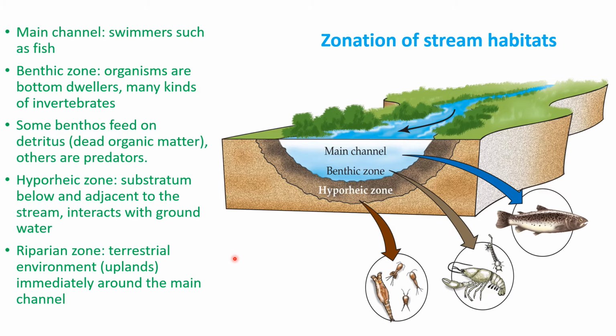The fourth zone that is not actually marked in this image, I'm showing a particular area immediately adjacent to the main channel on the land, is known as the riparian zone. It's the terrestrial or the upland environment immediately around the main channel where you see growth of vegetation, right? So those are the four major parts or zones of a particular stream habitat.